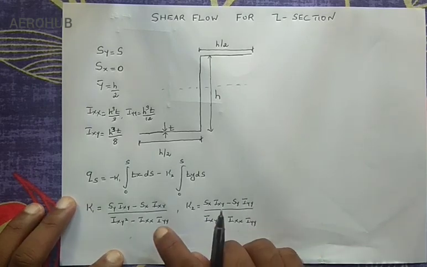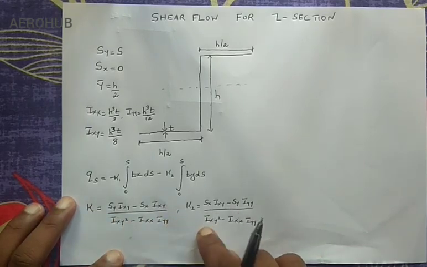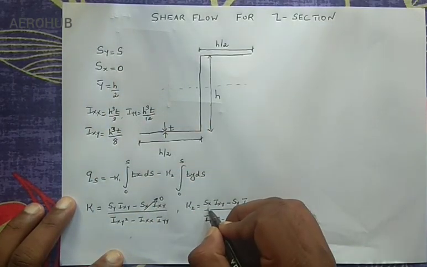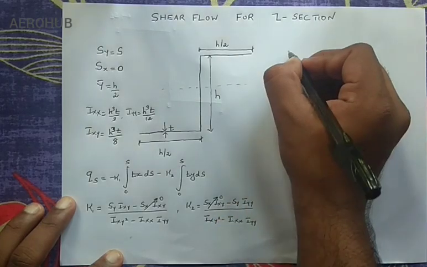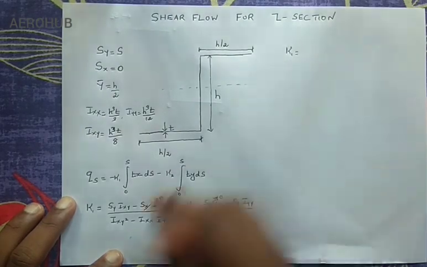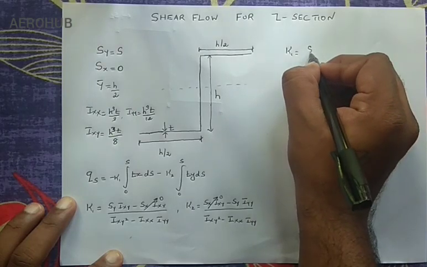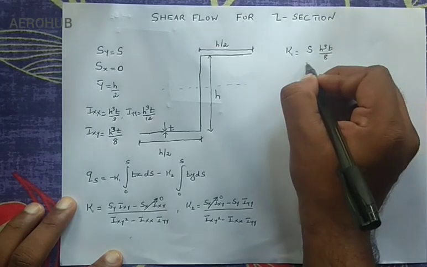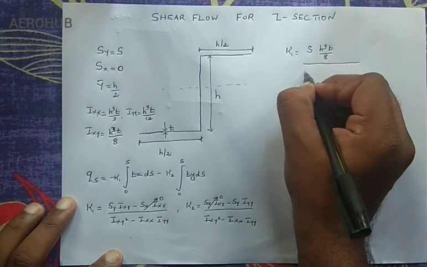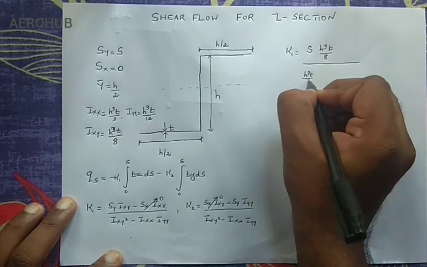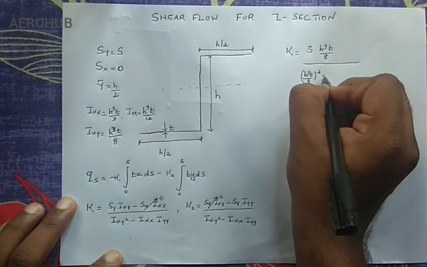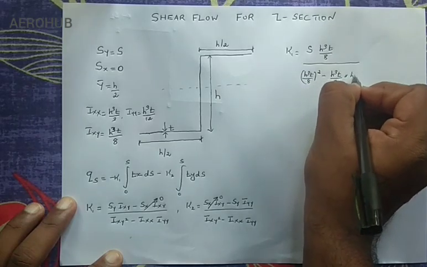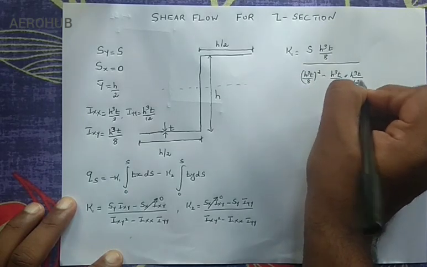Now we have to find the values of K1 and K2. Here we don't have Sx, so that term will be equal to 0. So K1 will be: Sy is S, Ixy is h cube t by 8, divided by Ixy square, h cube t by 8 the whole square, minus h cube t by 3 into h cube t by 12.